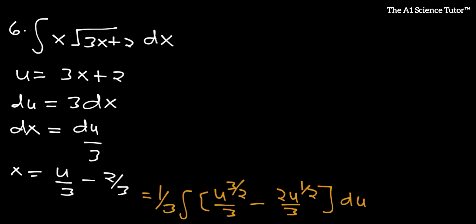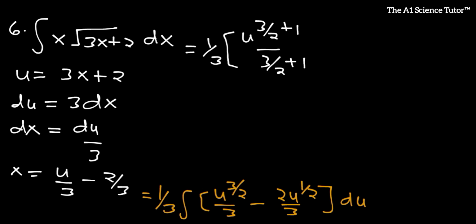So let us do that now. Now this is going to be 1 over 3. And here we have u to the 3 over 2 plus 1, which will be divided by 3 over 2 plus 1. Now take note, there is actually a 1 over 3 that was multiplied in this case. Now here you saw a 3, right? So we need to add that, and that was basically below.